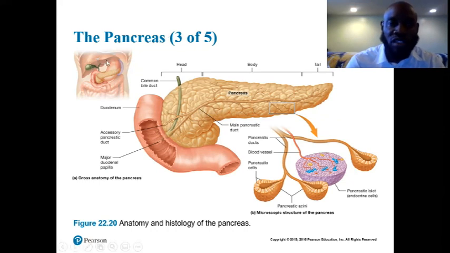You see the liver here, and you see the gallbladder, and then you also see the pancreas, all near the stomach and the duodenum, the first section of the small intestines.